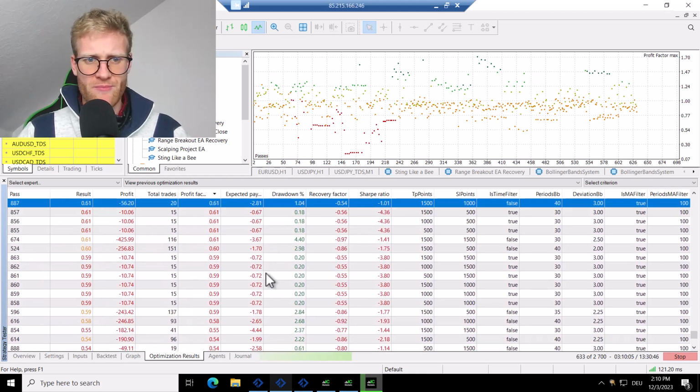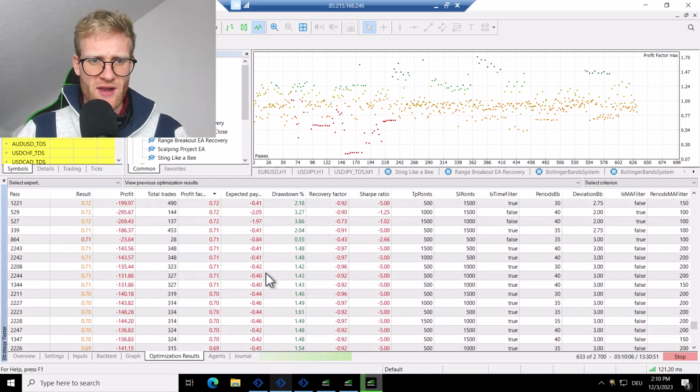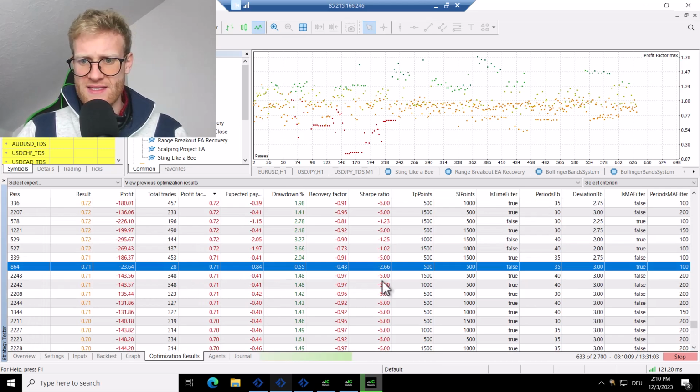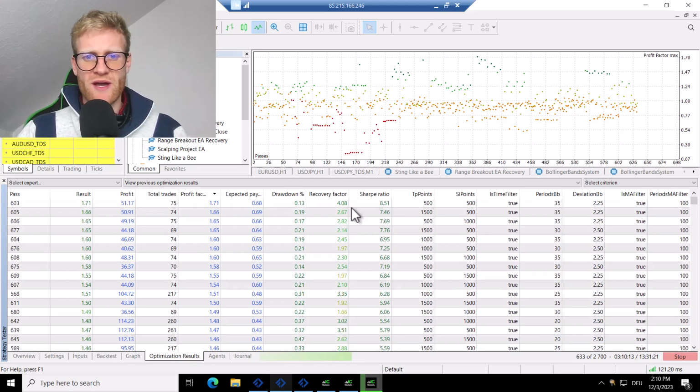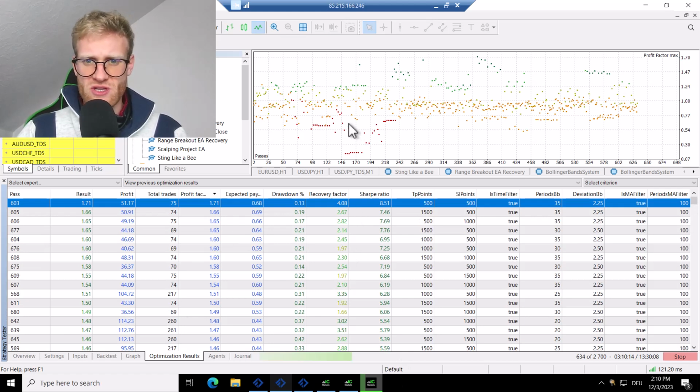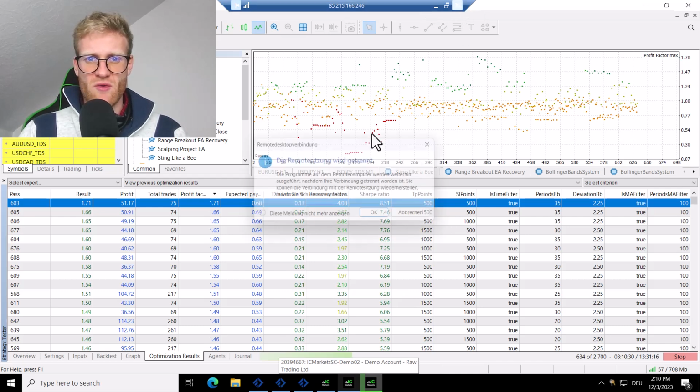But with the results where we have like 200, 300 trades, this is where we can really read something from these optimization runs. And as you can see here, we actually really have some good results. So I think I will work a little bit more with this indicator and maybe add some more features, do some more testing, and that's about this simple strategy that I wanted to share with you guys.